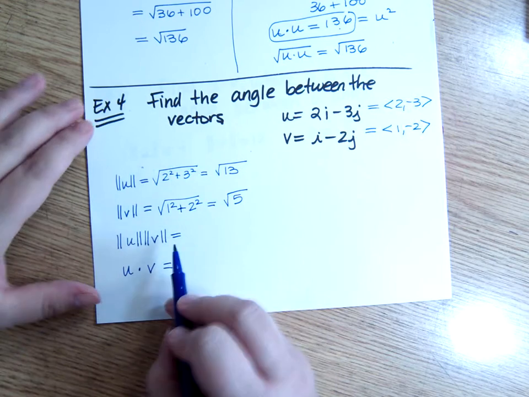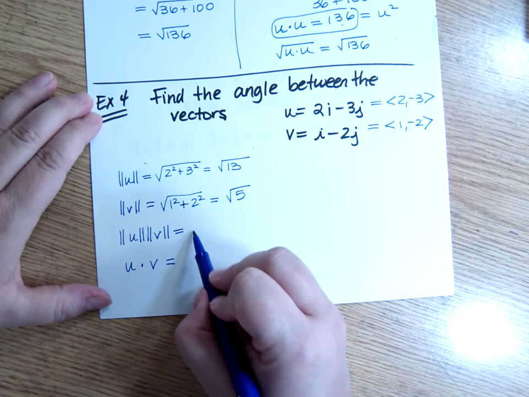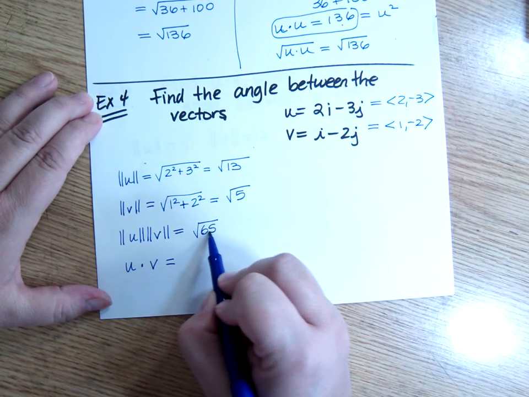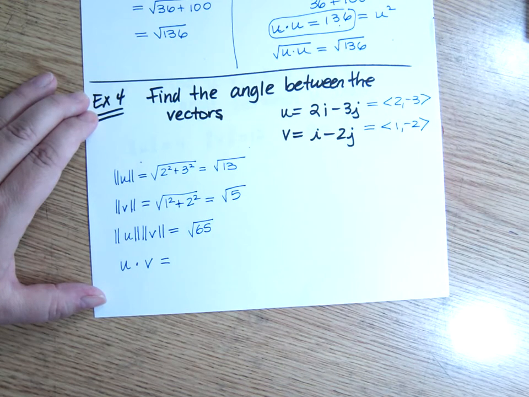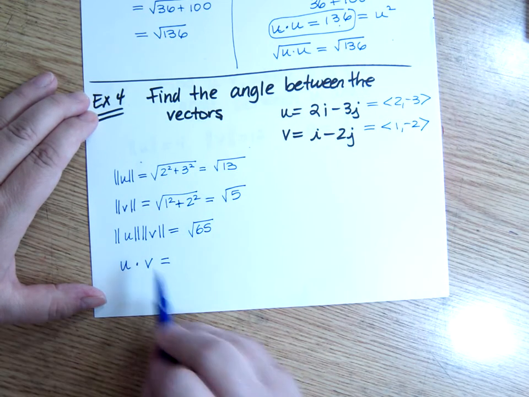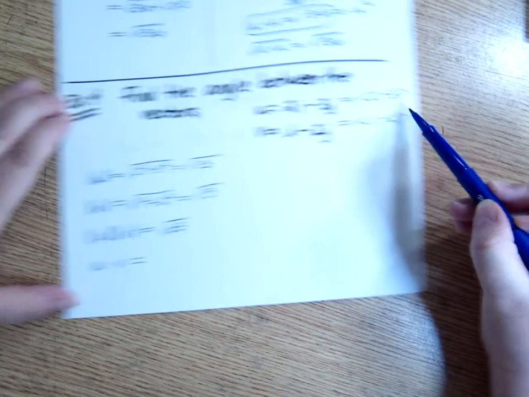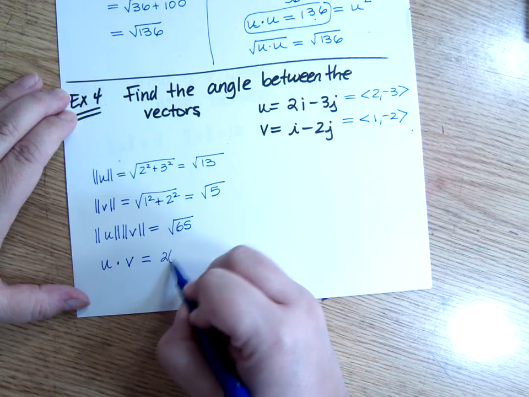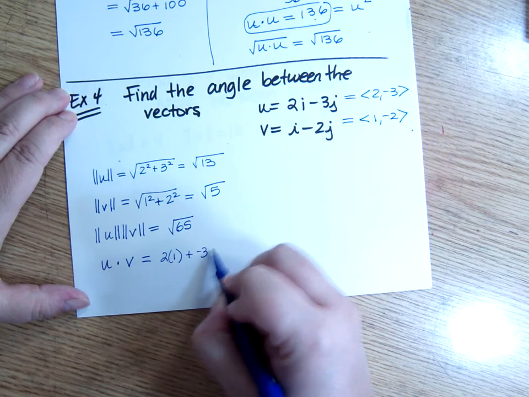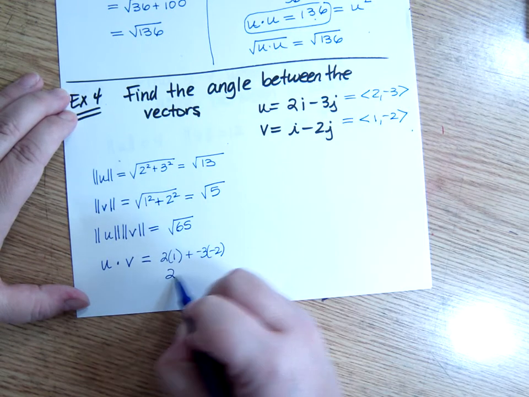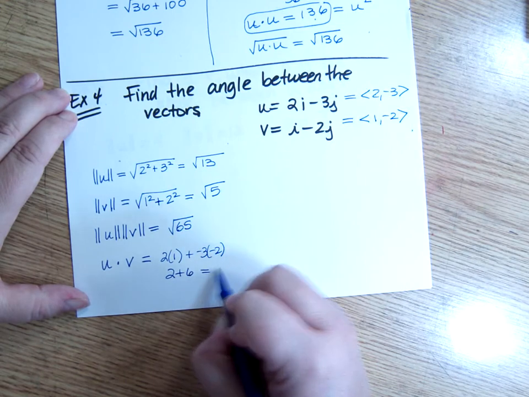So when I multiply those two, I get 13 times 5, which is 65. So that's going to be my denominator. Then the dot product of these two, 2 times 1 plus negative 3 times negative 2, is 2 plus 6, which is 8.